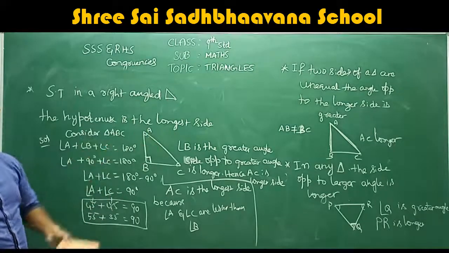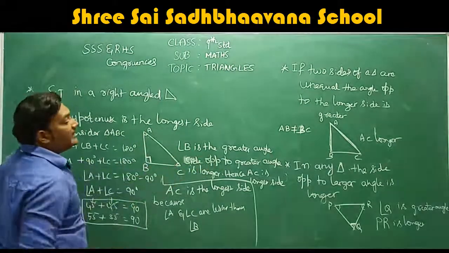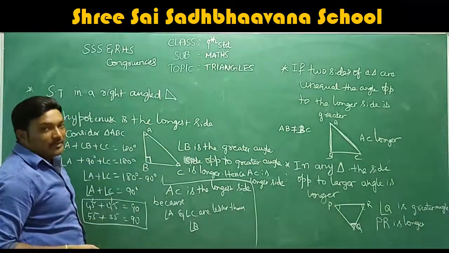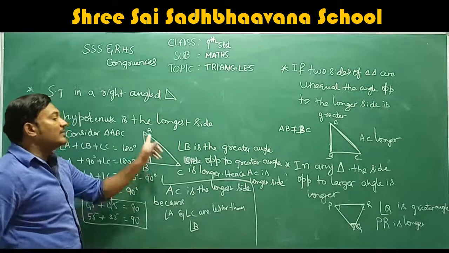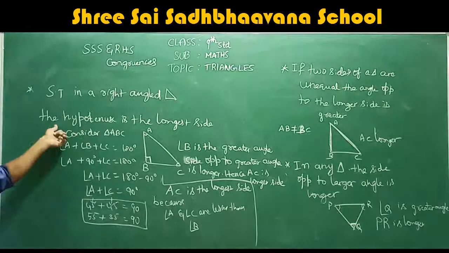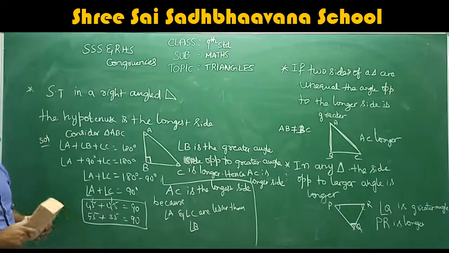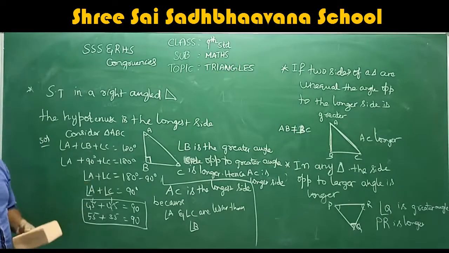From the property, the side opposite to the greater angle is the longer side. The side opposite to angle B is AC, so obviously AC is the longer side. Means AC itself is the hypotenuse. We are proving that AC is the longest side, in the sense that the hypotenuse is the longest side. I hope you understood this.